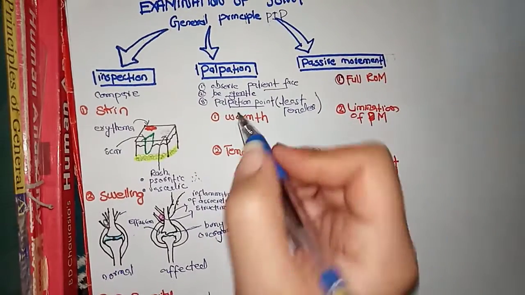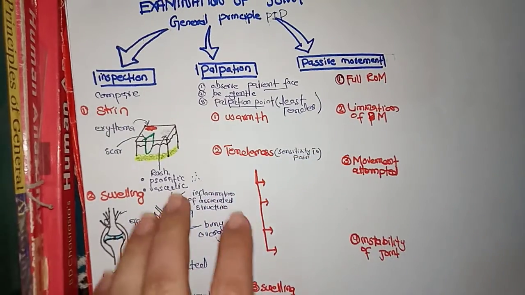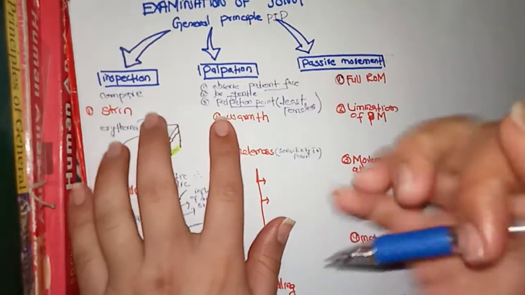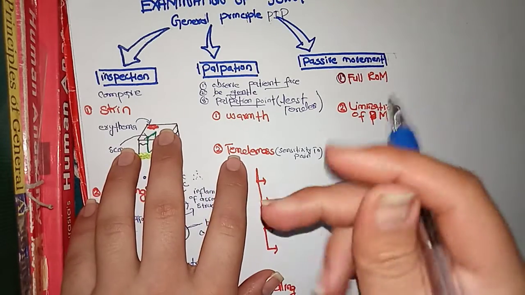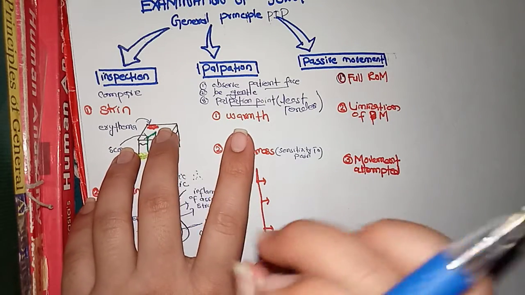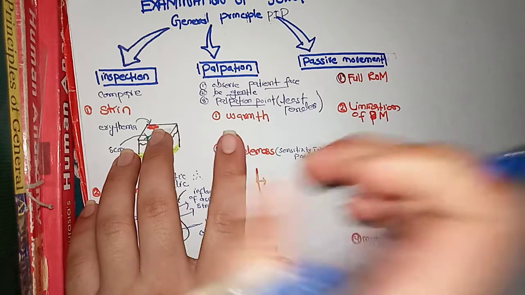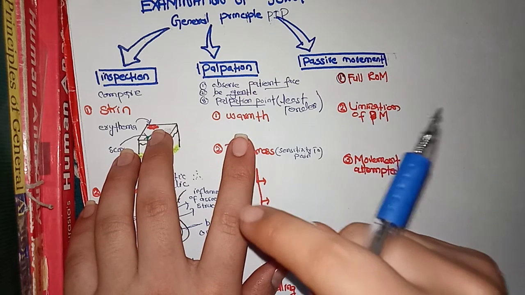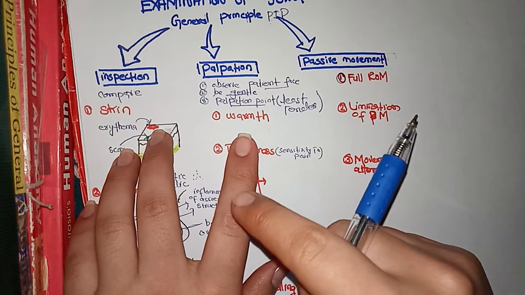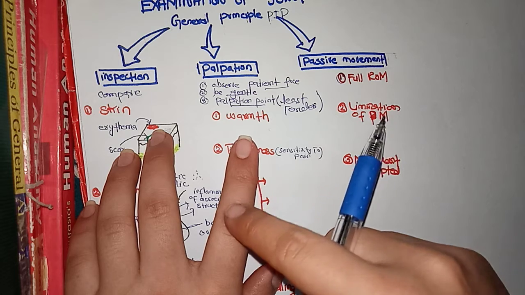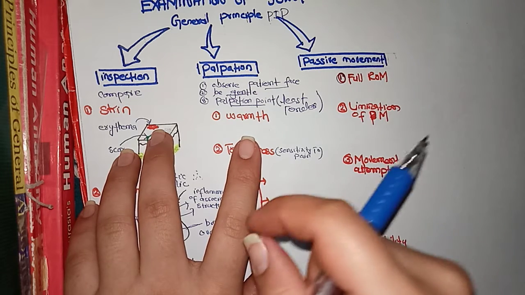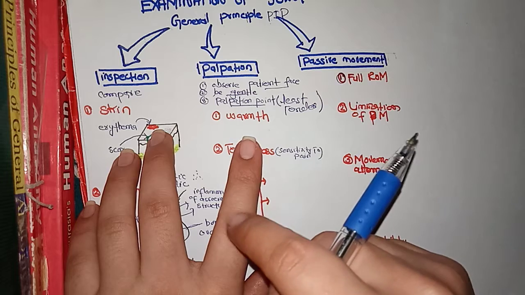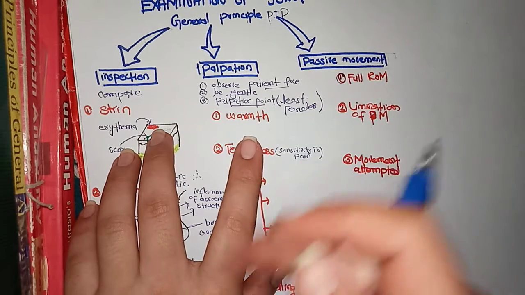Here we take an example. This is the proximal interphalangeal joint, the PIP joint, and this is the affected joint. When the physician palpates the joint, they feel warmth, a temperature increase in this area, not in these areas.